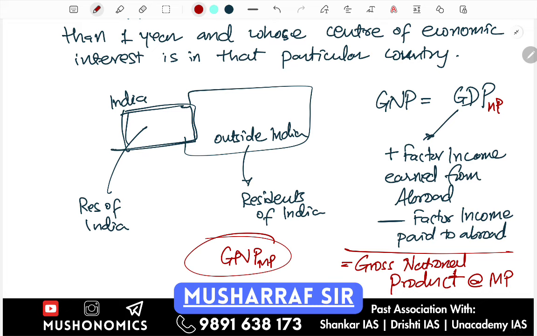I hope you understood. This is the concept: in India we have added incomes earned by Indians or normal residents of India, and then from foreign countries we have also taken the income earned by nationals or residents of India, right? Then we have subtracted the income earned by foreigners in India. This is the simple thing that we have got.